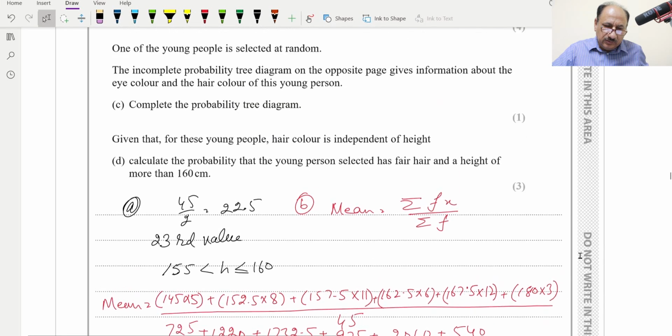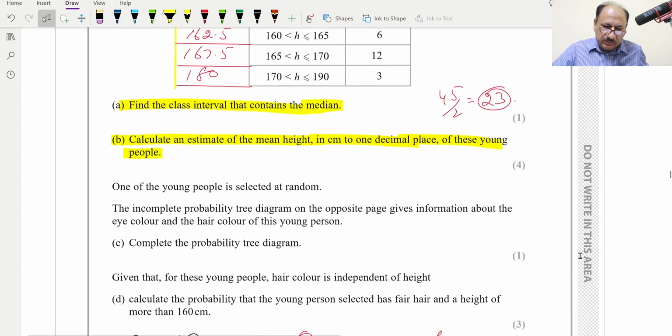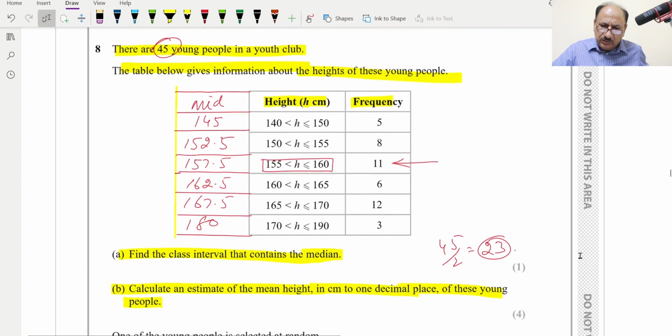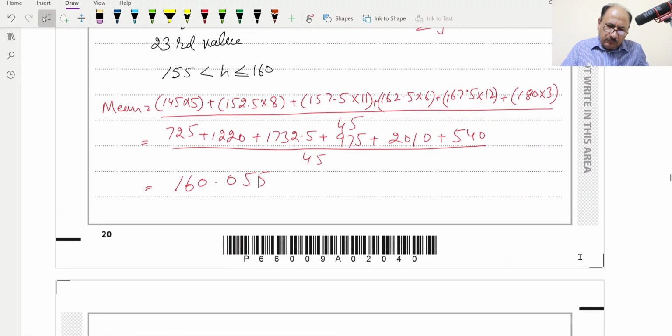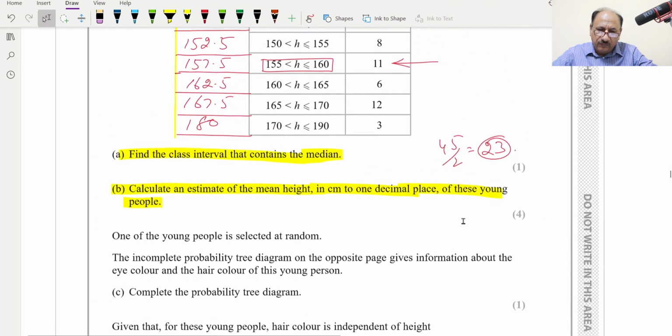They are saying we have to provide the answer in significant figures. They have not mentioned, so we will be writing approximately 160. So this will be the mean value which we have calculated.